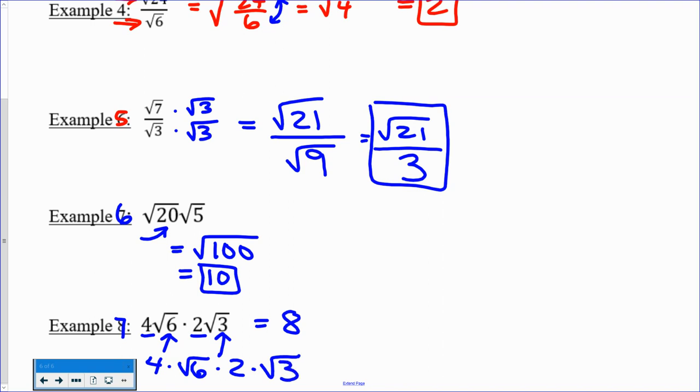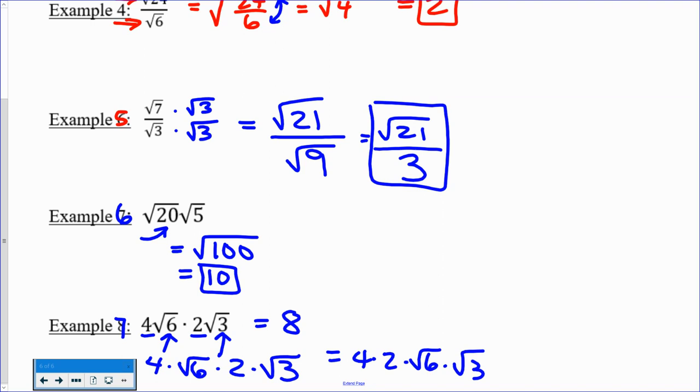So students have a hard time kind of detaching those from their radicals, but if everything's multiplication, you can multiply in any order. So I can rewrite that as 4 times 2 times the square root of 6 times the square root of 3. And it's still the same thing as what I was doing.